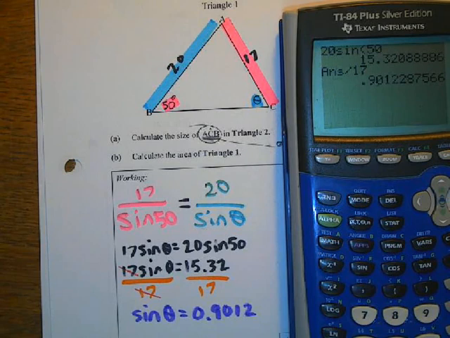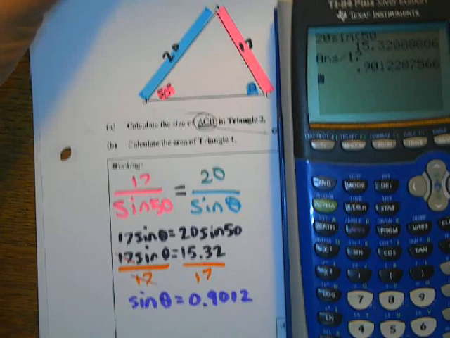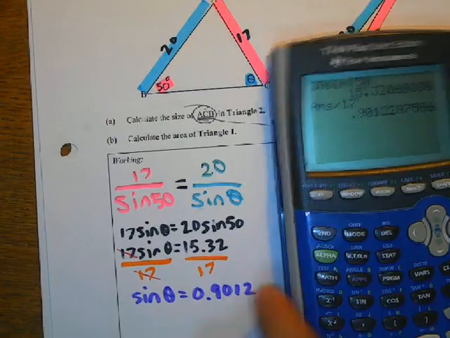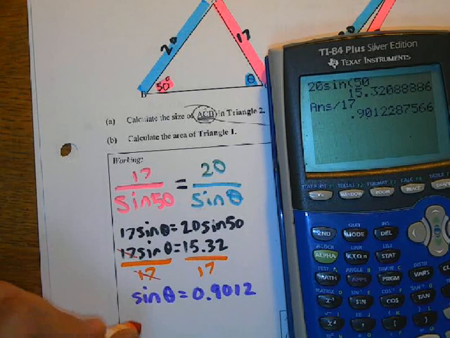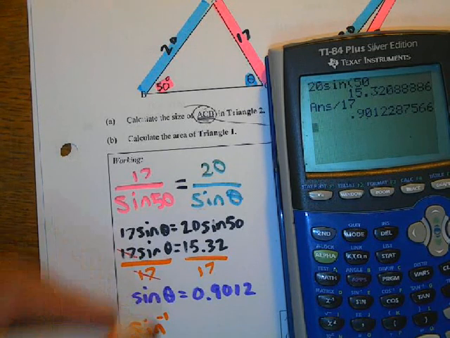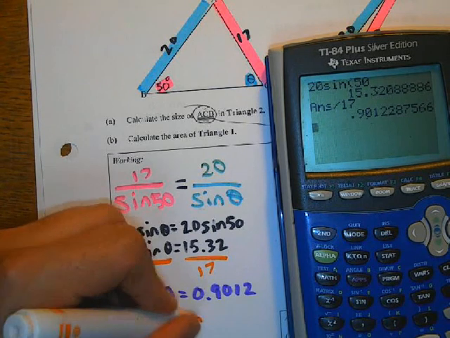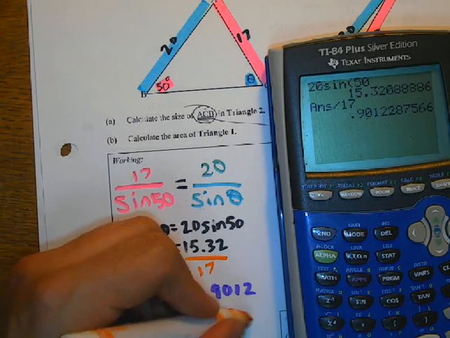Some students were getting to this step and they said, oh, the angle's small. Like, no. To find the angle, we have to hit second sine. We need to find the inverse. So we hit second sine, 0.9012, and that gets us theta.